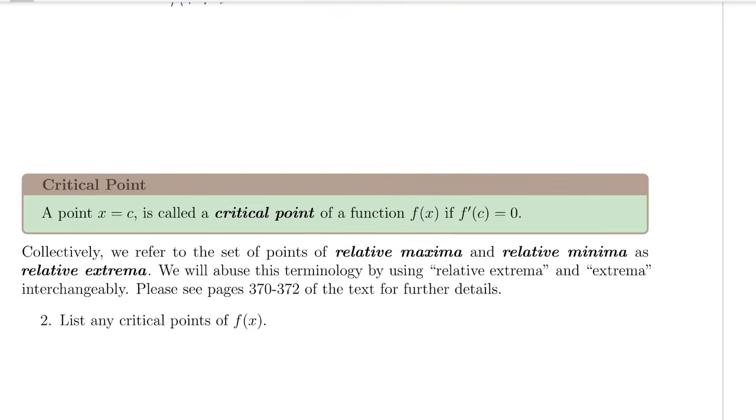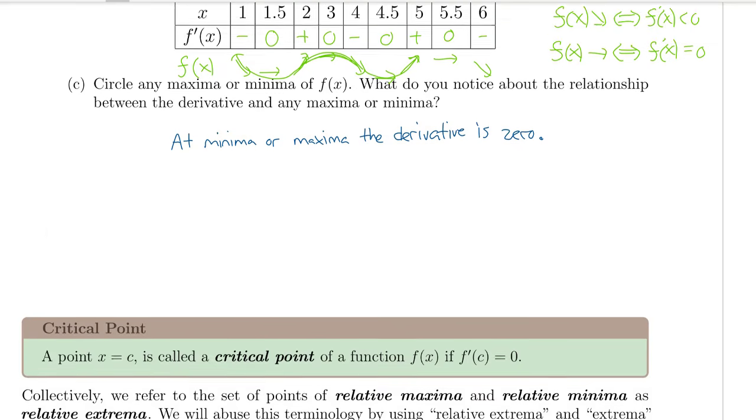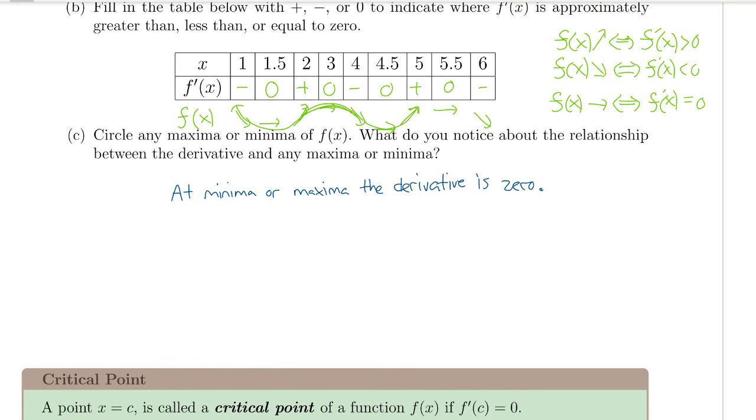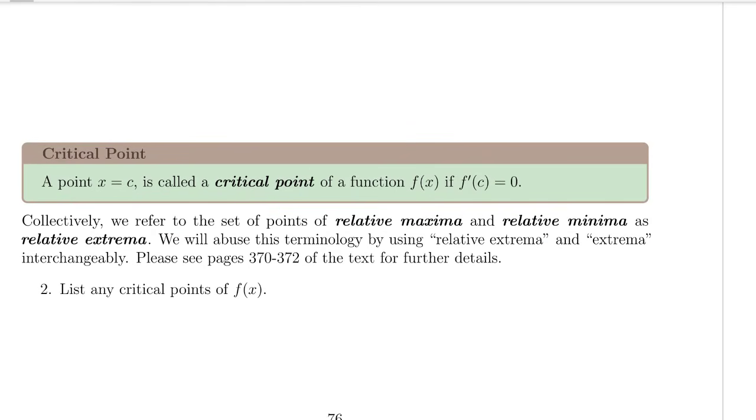So again, coming back to that definition, critical points of f of x, using the example above, are those places where the derivative is 0. So if we look, we already have that information at x equals 1.5, 3, 4.5, and 5.5. So if you're ever asked to find critical points, then that's what you're looking for: places where the derivative of the function is 0.